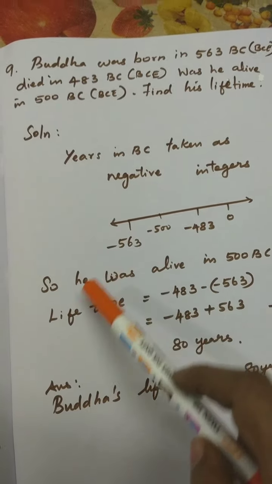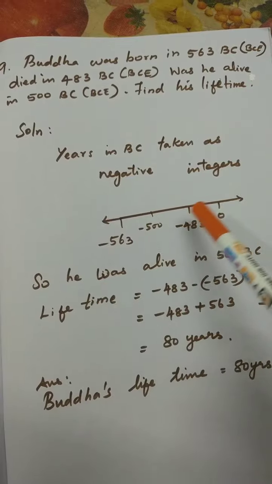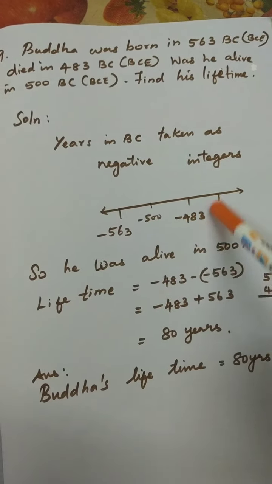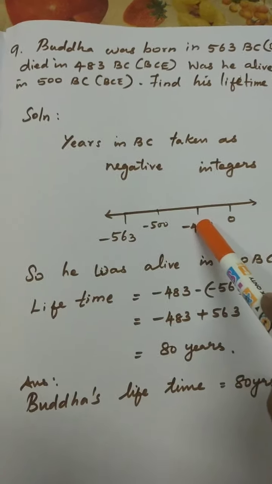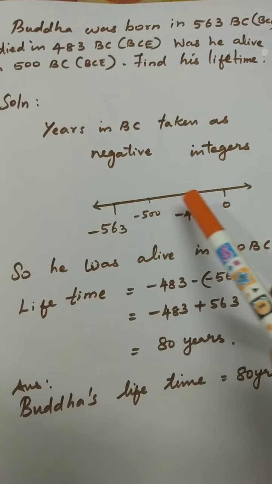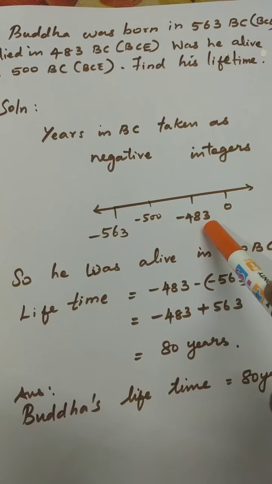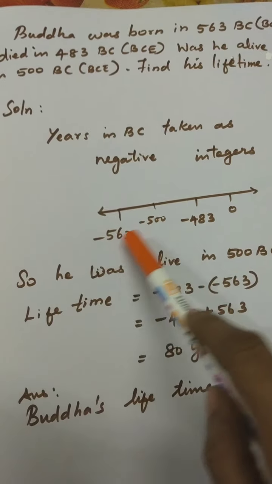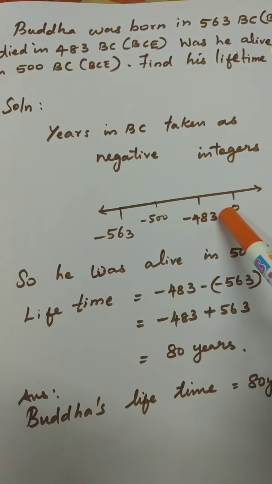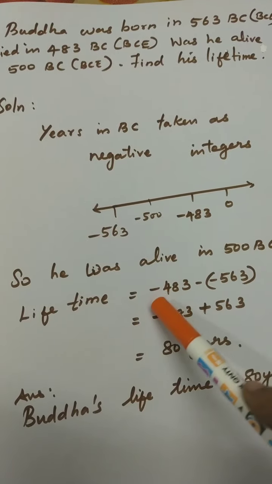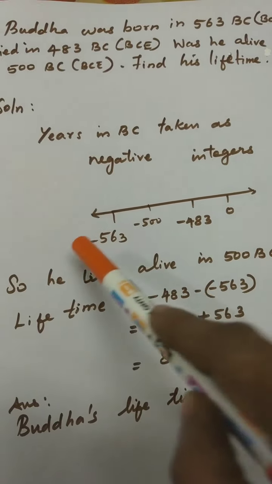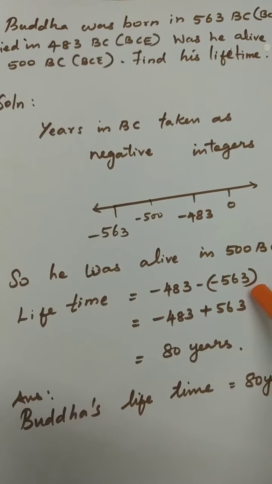So for his lifetime, he died on minus 483. You have to calculate the years in between minus 563 and minus 483. So minus 483 minus minus 563.